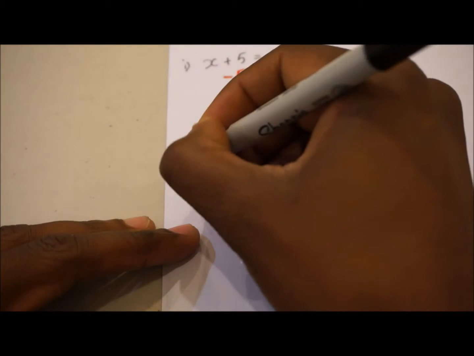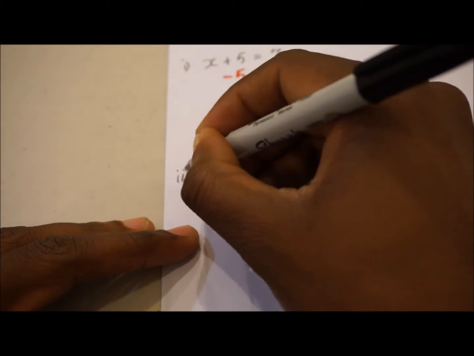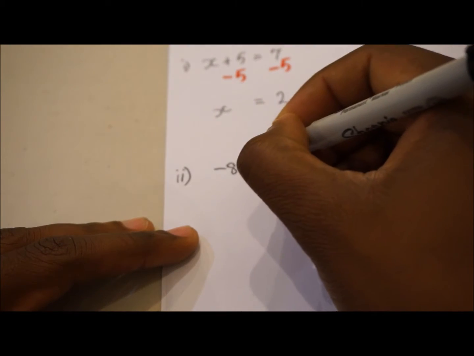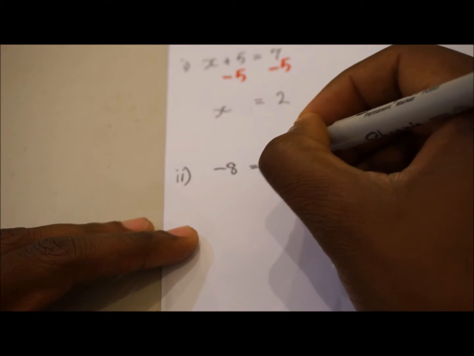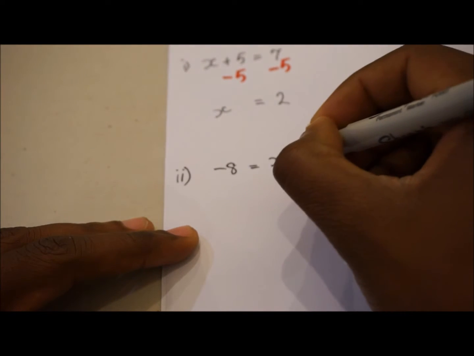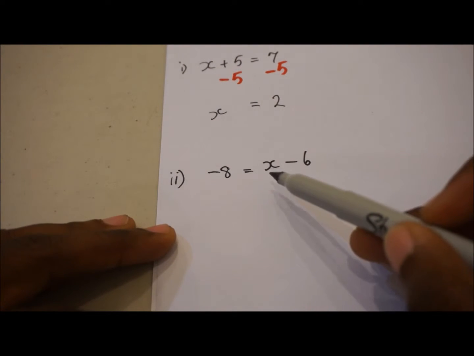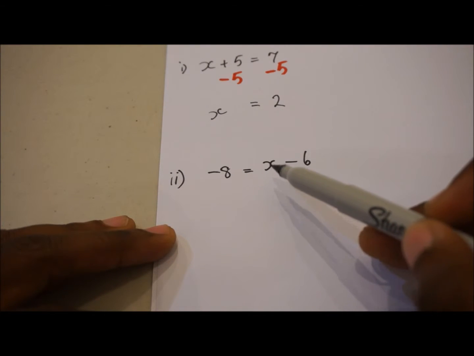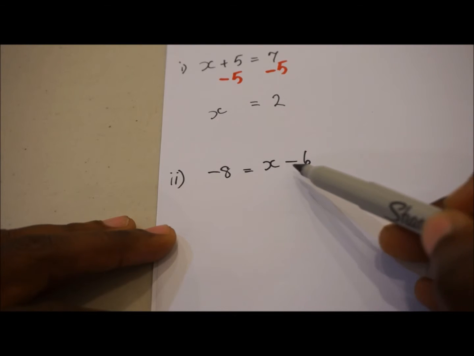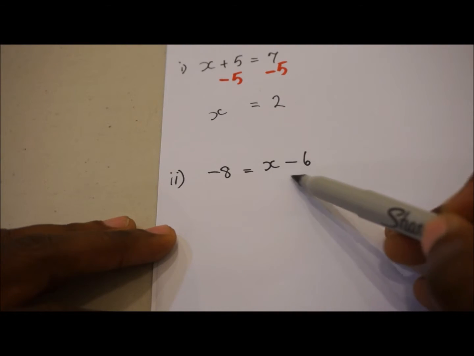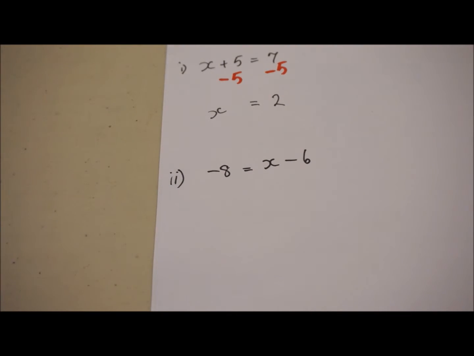Here's a second example. Negative 8 is equal to x minus 6. What is x? Again, the idea is we're trying to get the x by itself. But notice next to the x we have a negative 6. So we need to get rid of that negative 6.